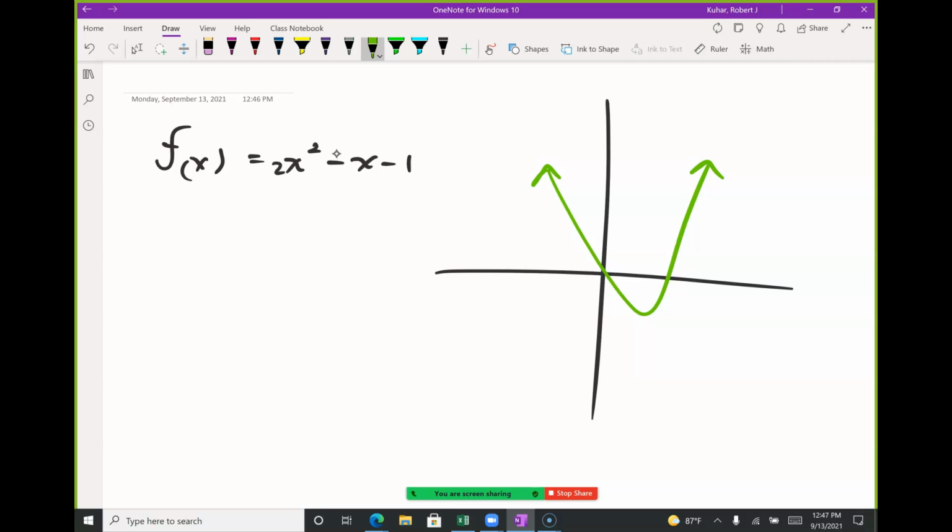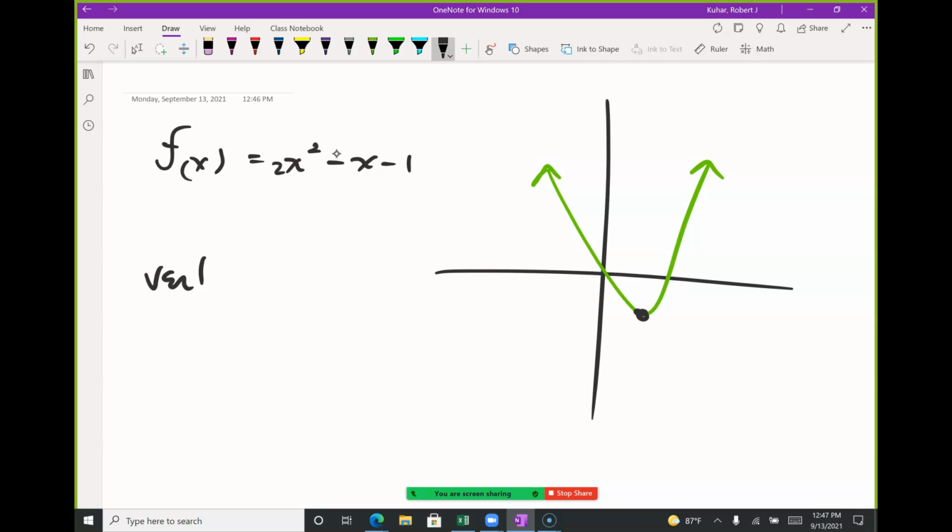How do I know the vertex is in the fourth quadrant? How do I know the vertex is over here? Not so easy to answer that one, right? So in my picture, it's not perfect, but use your calculator, right? So I'm going to complete the square on this to get the vertex.